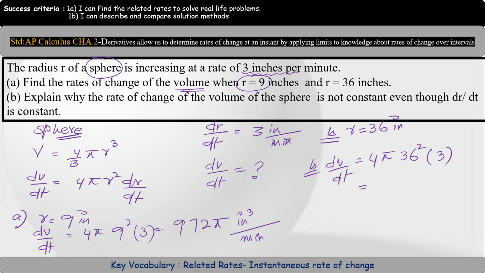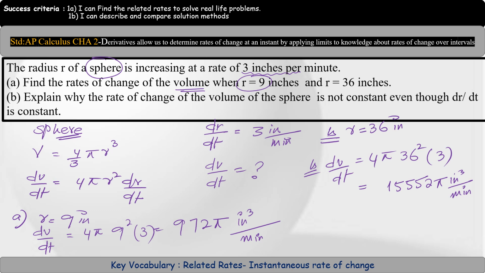So on replacing r with 36, you will get 15,552π, again inch cube per minute.